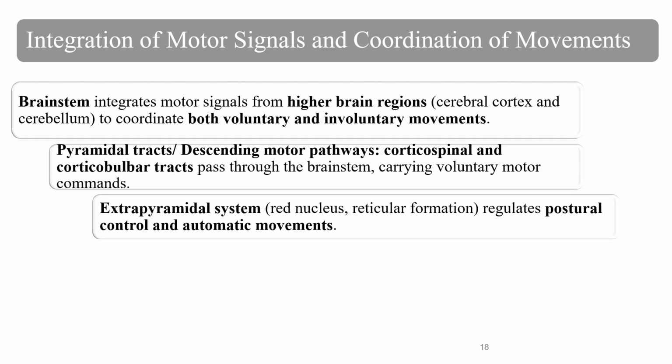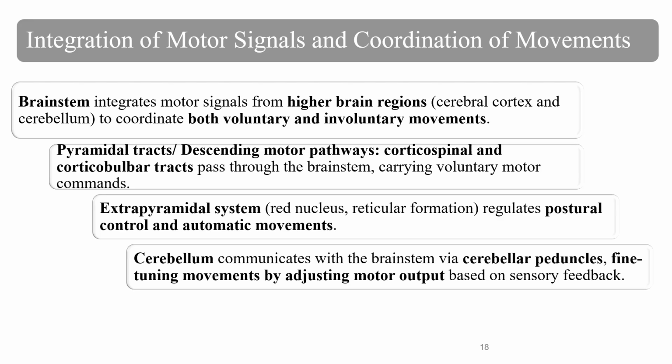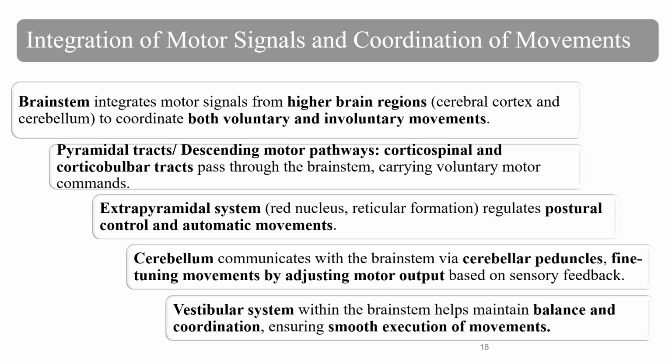Then comes the extrapyramidal system that includes the red nucleus and the reticular formation. They are responsible to regulate the postural control and automatic movement. The cerebellum communicates with the brainstem via the cerebellar peduncle, fine-tuning movement by adjusting motor output based on the sensory feedback. While the vestibular system within the brainstem helps maintain balance and coordination, thus ensuring smooth execution of the movement.